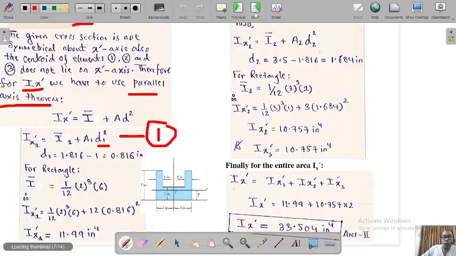So Ix bar 2 is equal to I2 plus A2 into D2 the whole squared.